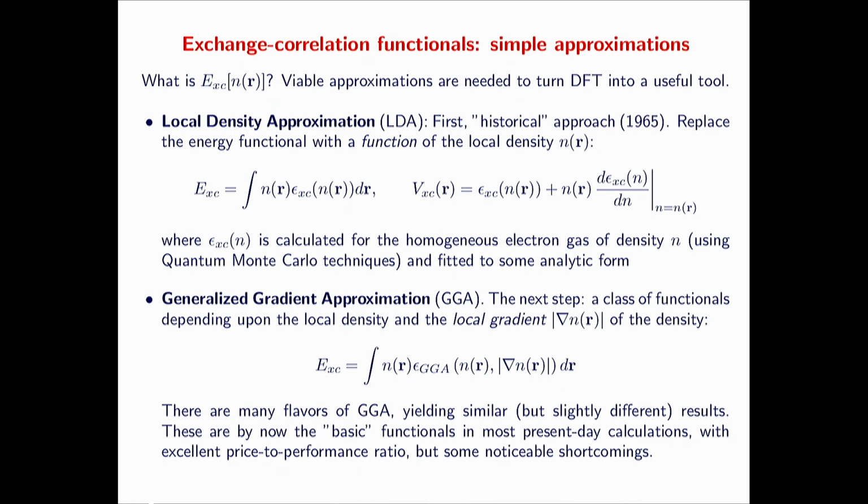Okay, so still we haven't solved the problem, what is this exchange correlation energy. And so we have to figure out some viable approximation for this exchange correlation functional. And the first historical proposal, well, at least maybe not the very first, but the first modern, so to speak, proposal for an approximation is called local density approximation.